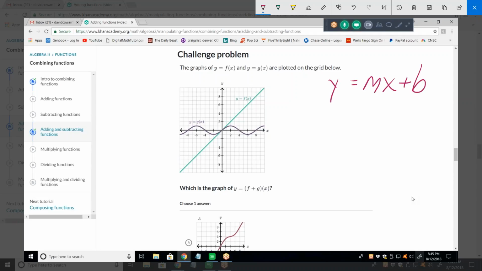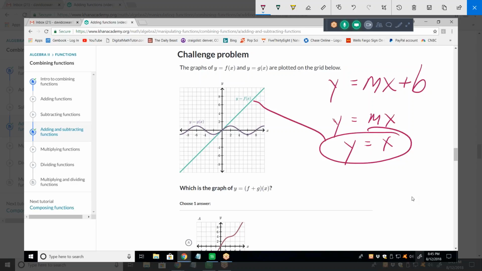What is b in this case? B is 0. So now we have this. What is m? It is 1 over 1, so it's just 1. So this function is y equals x.